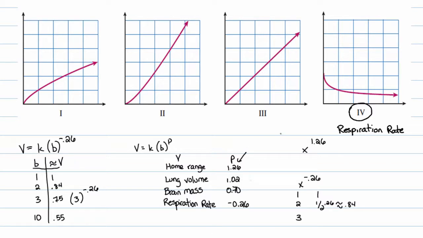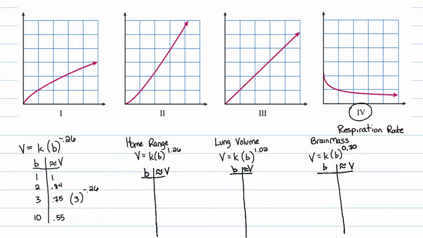In fact, maybe I'll clear out the rest of this page and just work on the home range next, or maybe I'll just go ahead and compare home range, lung volume, and brain mass all at once. So here we have, I've just rewritten it out here. The home range is just given by the function v is equal to k times b to the 1.26, where b is body mass, v is just their home range.